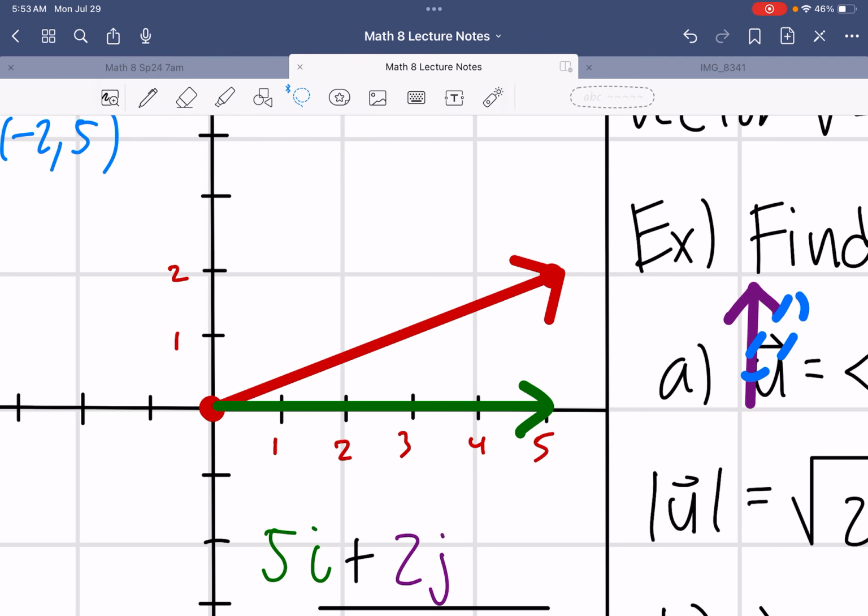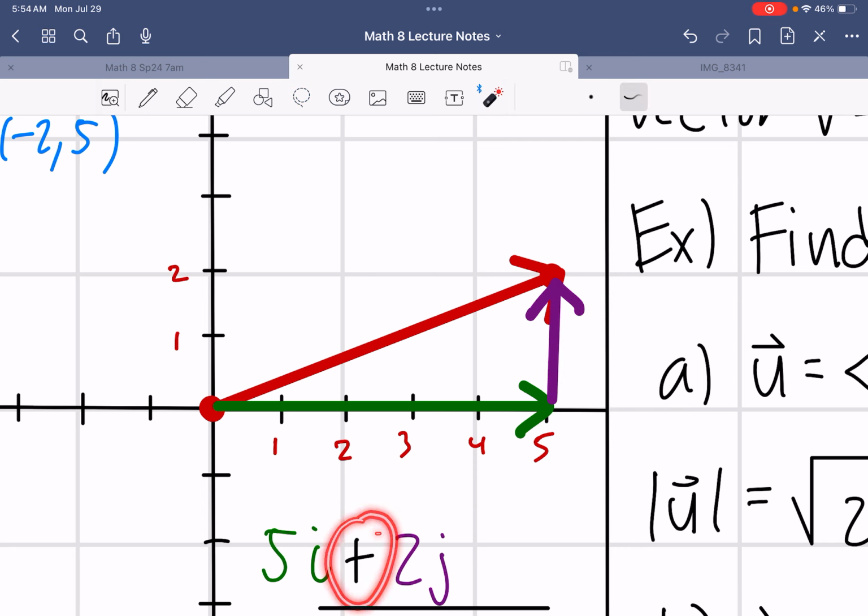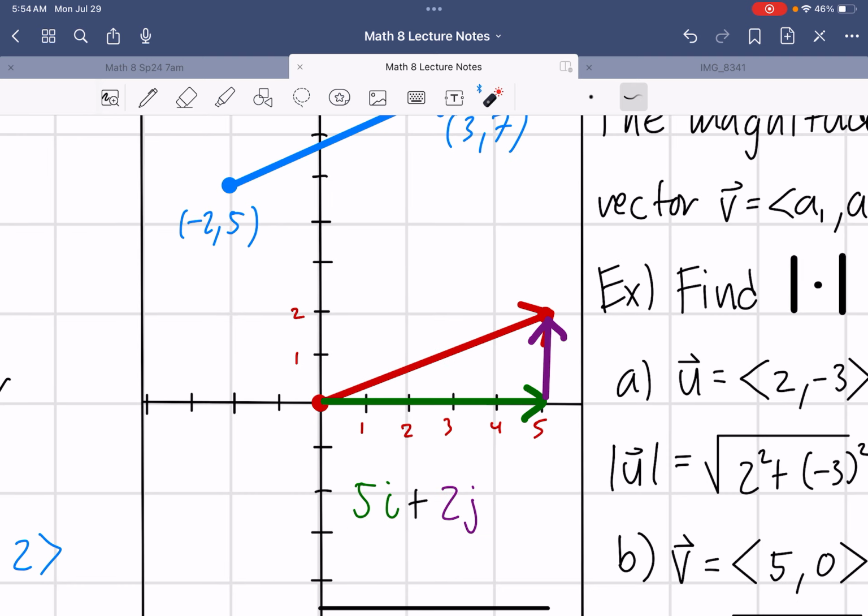So like if I move this, I'm taking the initial point of 2j and I'm putting it on the terminal point of 5i. And the vector that's created when you add the two vectors together, you go from the initial point of 5i to the terminal point of 2j. And that is the vector <5, 2>, or 5i plus 2j.